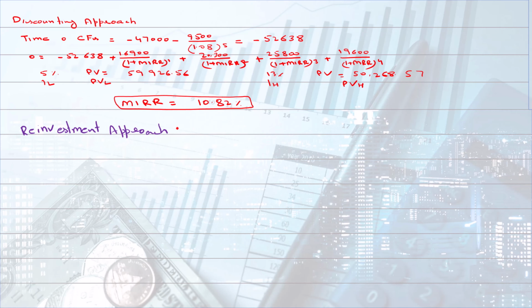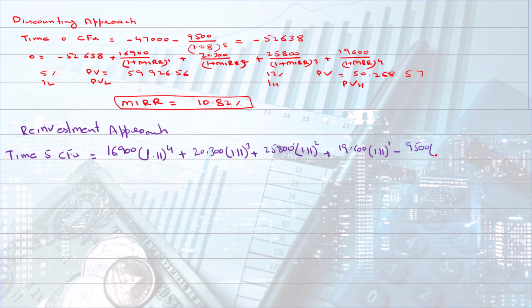So reinvesting the cash flows to time 5, we find time 5 cash flows: 16,900 into 1.11 raised to power 4, plus 20,300 into 1.11 raised to power 3, plus 25,800 into 1.11 raised to power 2, plus 19,600 into 1.11 raised to power 1, minus 9,500 into 1.11 raised to power 0.